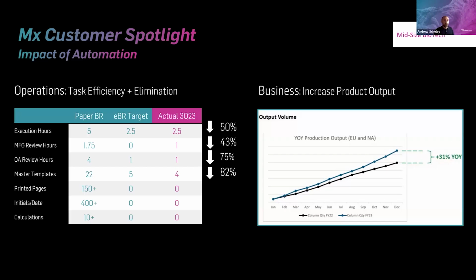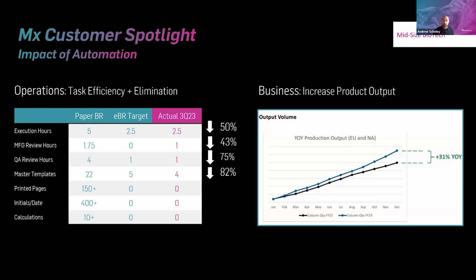They've been able to dramatically reduce the number of master templates they are responsible for maintaining as well. So again, being able to reallocate your resources to more value-added activities rather than simple maintenance of documents. They've been able to reduce the number of master templates by 82%.